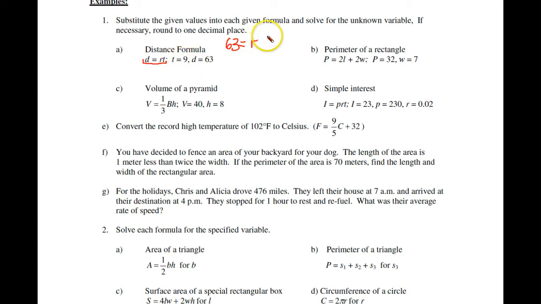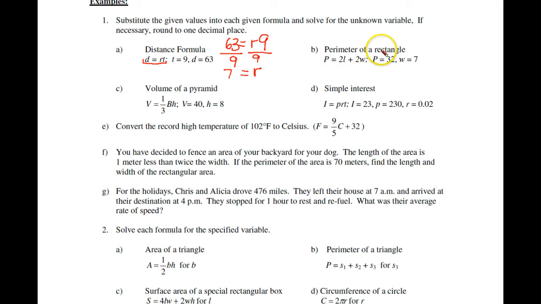They're giving us time and distance. We don't know the rate. So how do we solve for R here? Well, we just divide both sides by 9 to get the R by itself. And we get R equals 7, because 7 times 9 is 63. And that was the algebra.